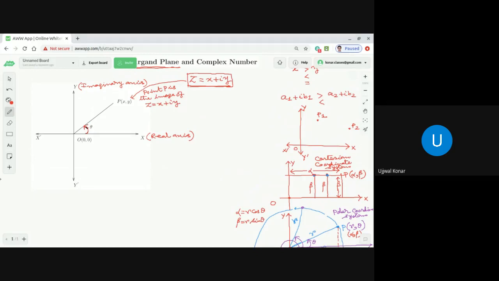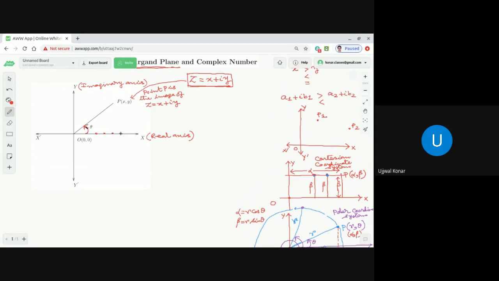Now what we are going to do is make some conclusions. The first thing is that all purely real numbers lie on the real axis, that is on the OX axis. I hope all of you agree with me, because all purely real numbers will have their imaginary coordinate as 0. Correct or not? I'm talking about any point on this line.